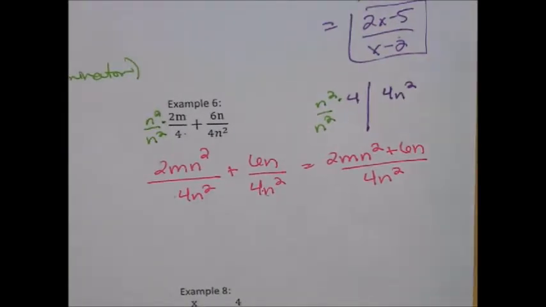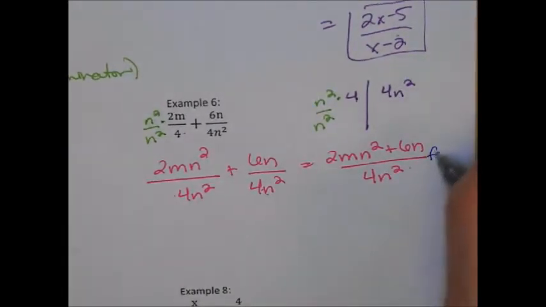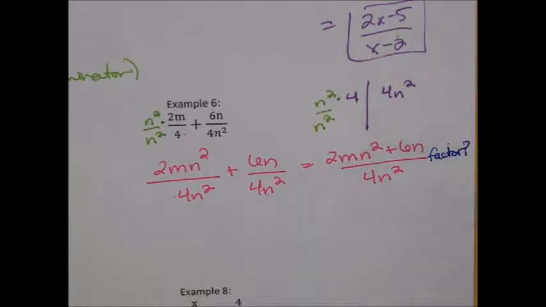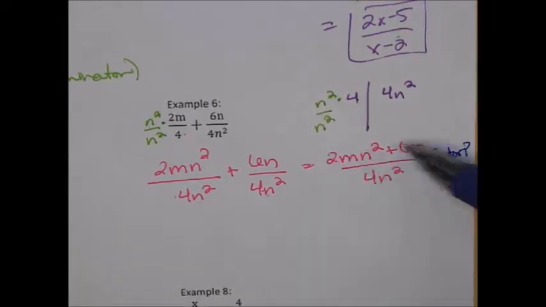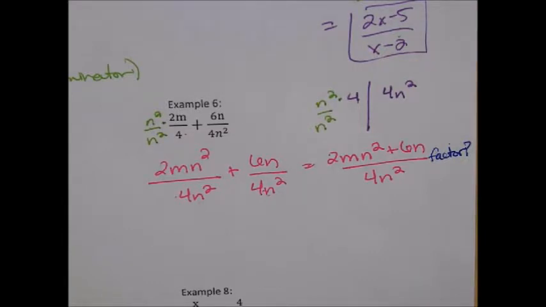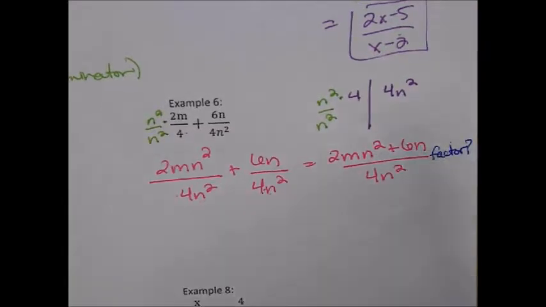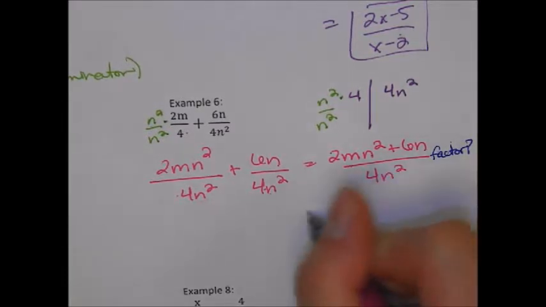Our next question should be, can I factor something out of the numerator? I have, let's see, 2 and 6, I have a GCF of 2. And it looks like I can also take an n out. So I'm going to factor out a 2n.